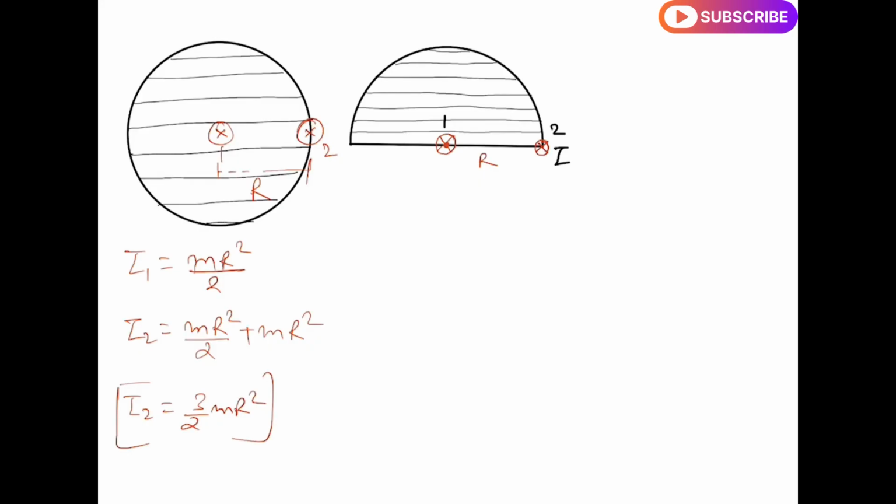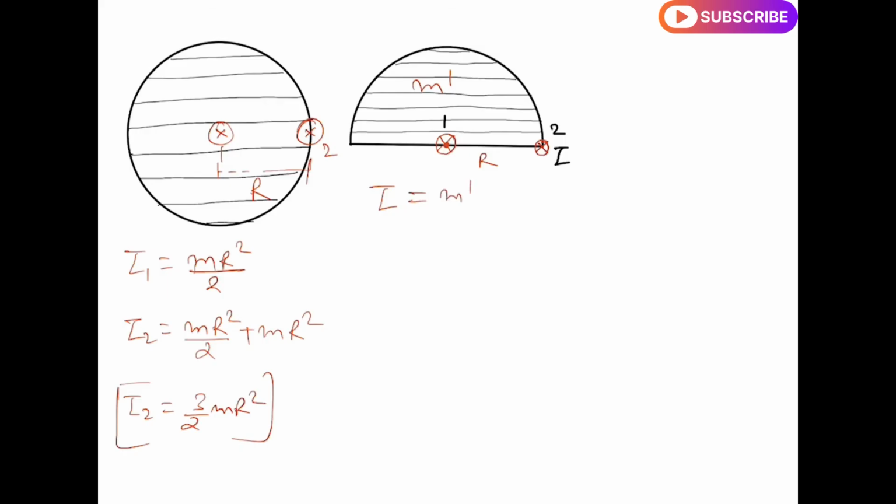Now similarly, if we cut this disk into two parts, then the moment of inertia of the upper half part about the same axis 2 would remain the same, considering the fact that the mass of the upper half part is m dash.